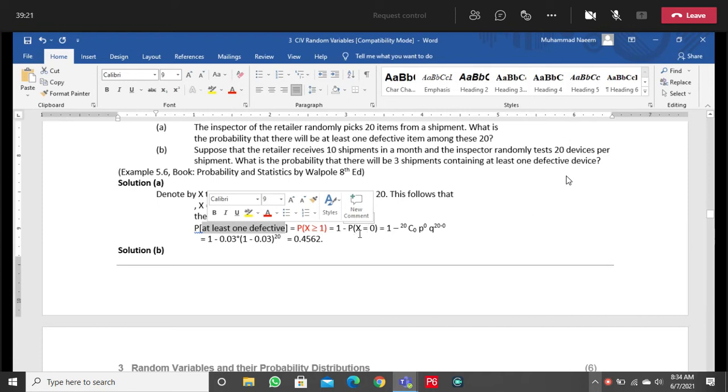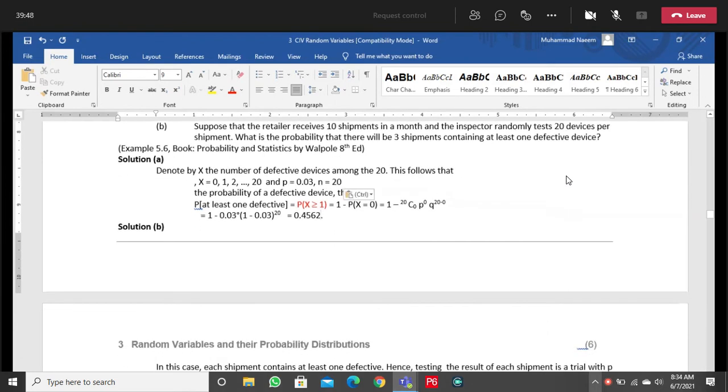So 1 minus the probability of 0 defective, 20C0 P power 0 Q power 20 minus 0, where X shows the defectives and P is the probability of a defective. 20C0 is the coefficient.